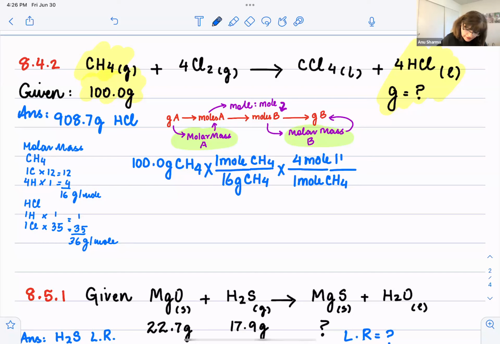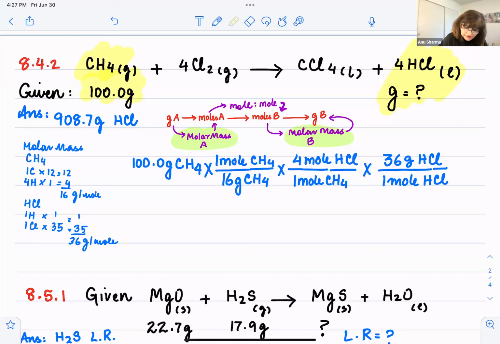And then next, because the question is asking grams of HCl, 1 mole of HCl gives you how many grams? 36 grams of HCl. Okay, so this is the setup.